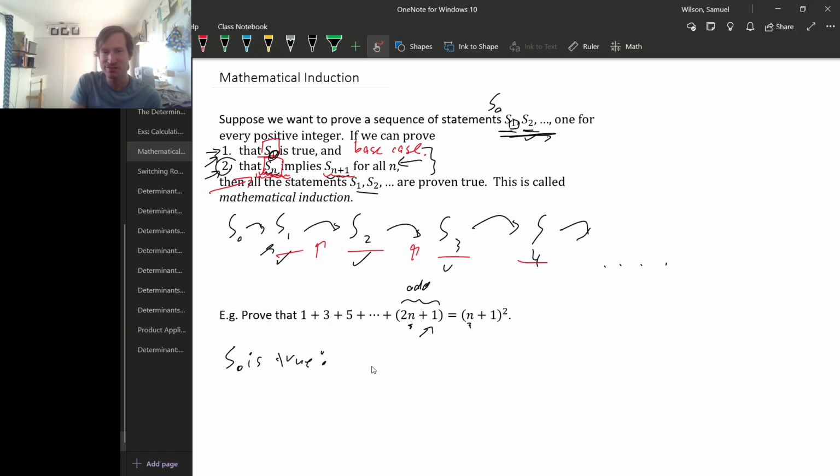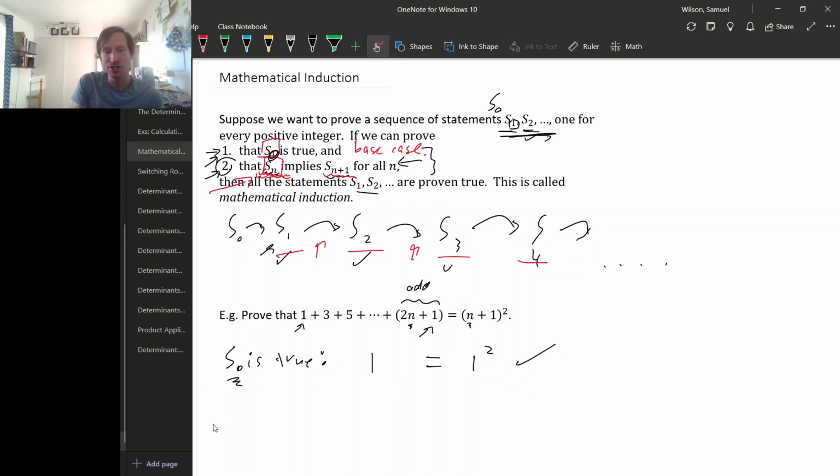If n is 0, this is just 1. We aren't adding anything to it because our list starts with 1 and ends with 1. There aren't any odd numbers between 1 and 1. So on the left-hand side, when n is 0, we just get 1. On the right-hand side, when n is 0, we get 1 squared. So the base case, when n is 0, we have to prove that 1 is equal to 1. Well, that's true. Nothing to prove there.